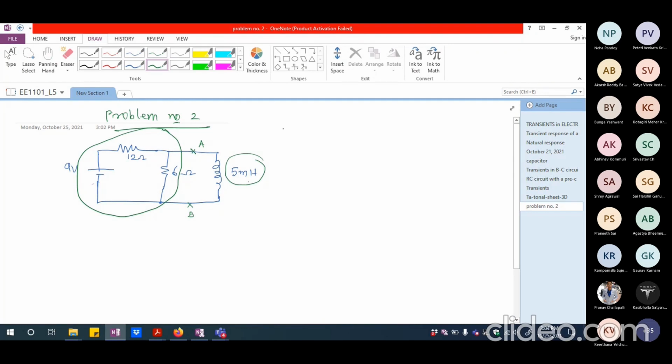So it may be worthwhile to find Thevenin's equivalent as seen from A, B. Okay. So if I try to look at it as Thevenin's equivalent from AB, first of all, open circuiting AB.